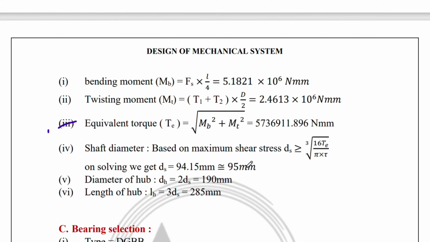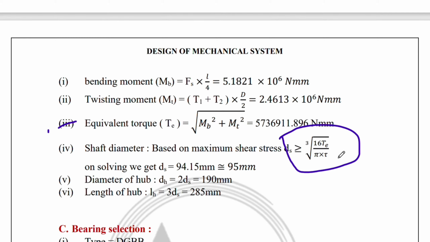Okay, next will be the shaft diameter, based on the shear stress. This is the formula to find the diameter of the shaft: ds is greater than or equal to the cube root of 16 Te upon pi into tau.